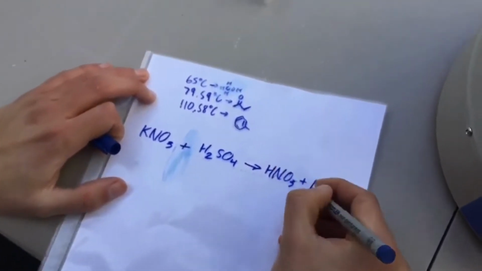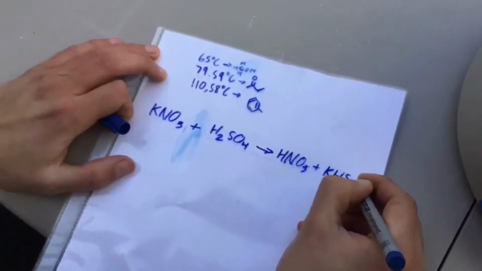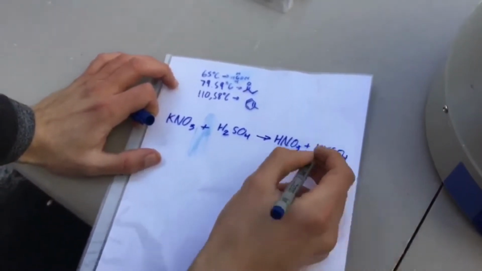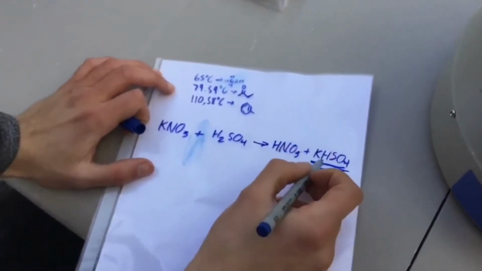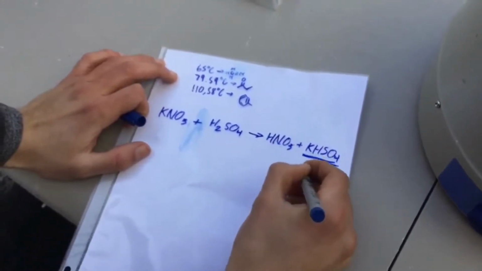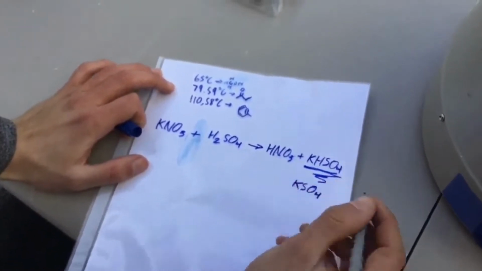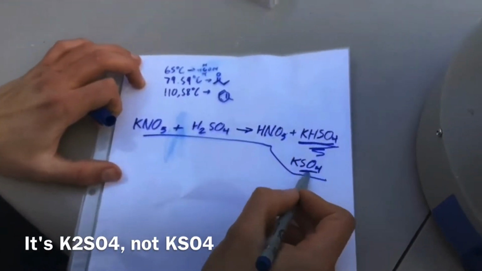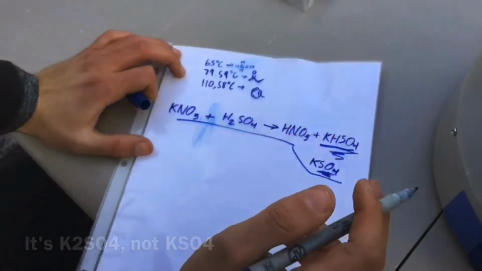Now normally you'd think, why doesn't this make potassium sulfate? Well, this reaction would work, but potassium sulfate isn't really water soluble.